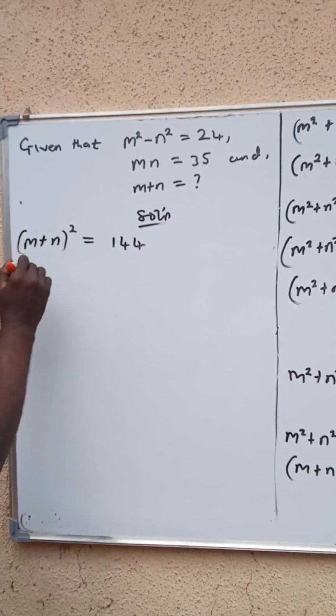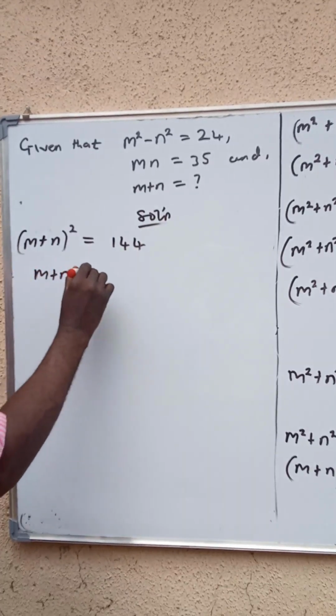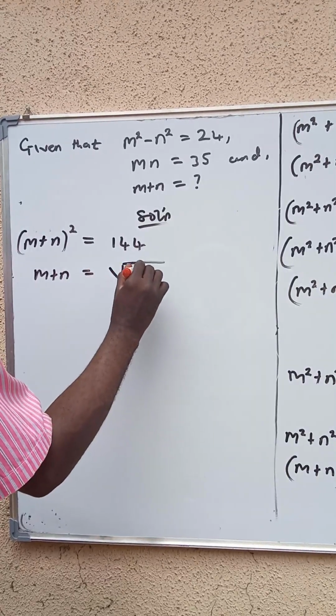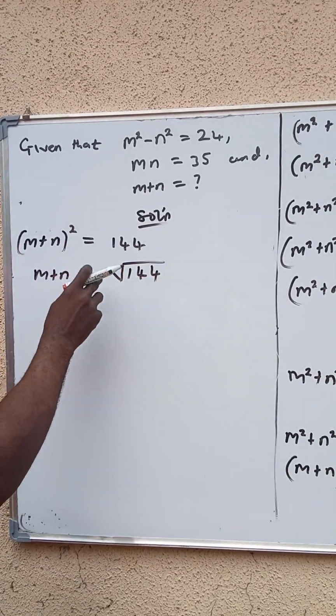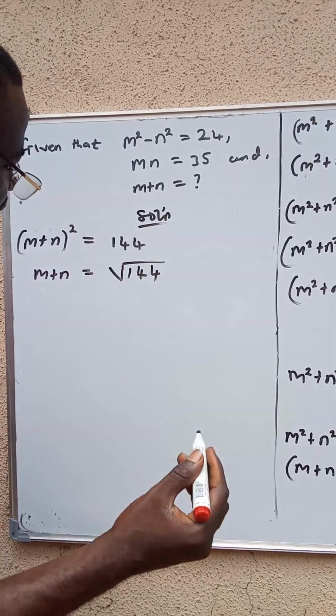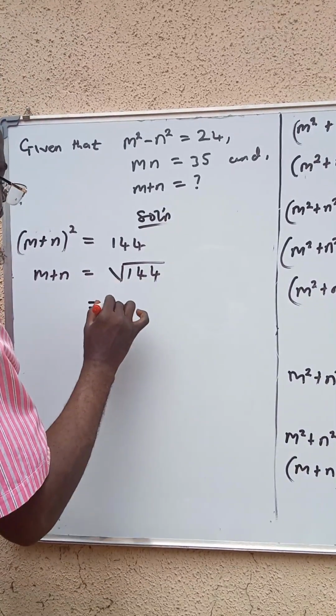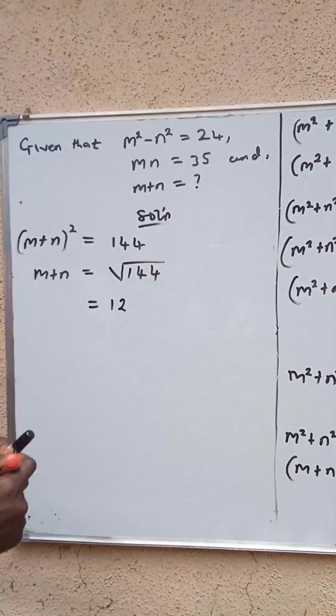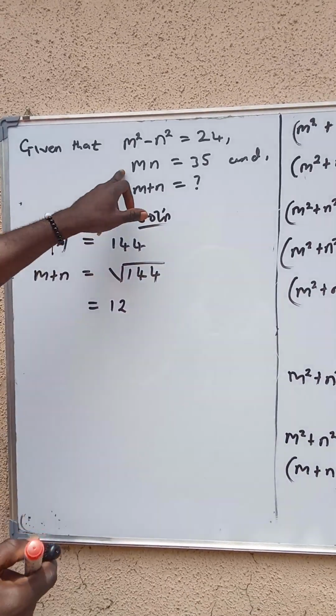So for me to find this, my m plus n will now be the square root of 144. I'm not putting plus or minus here again because we're only interested in the positive answer. So this will now give me 12, the square root of 144. Now, since you have 12, let's check.